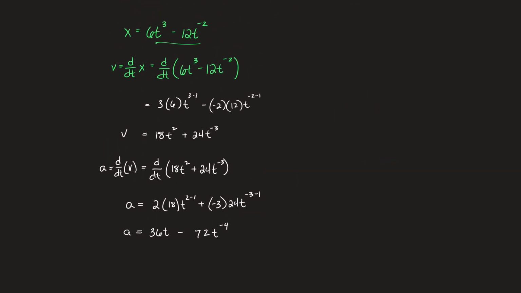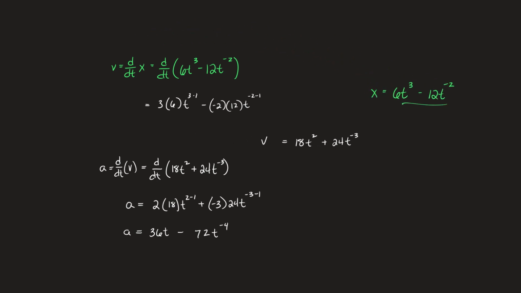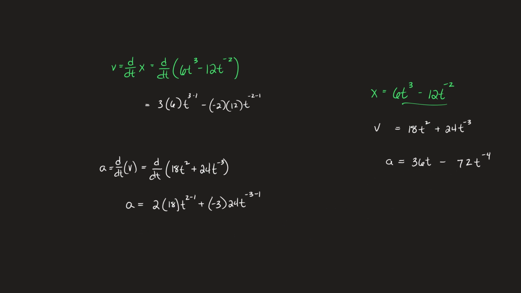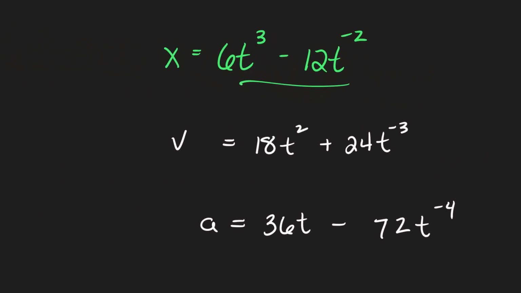So we started with one function, this one, and using calculus, we were able to generate 2 more functions. So now we have a whole profile of the object's motion. Now, going in this direction, we take the derivative.